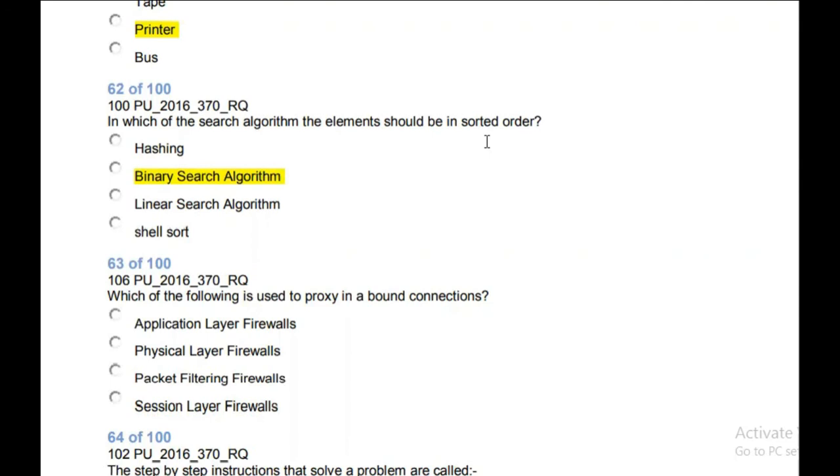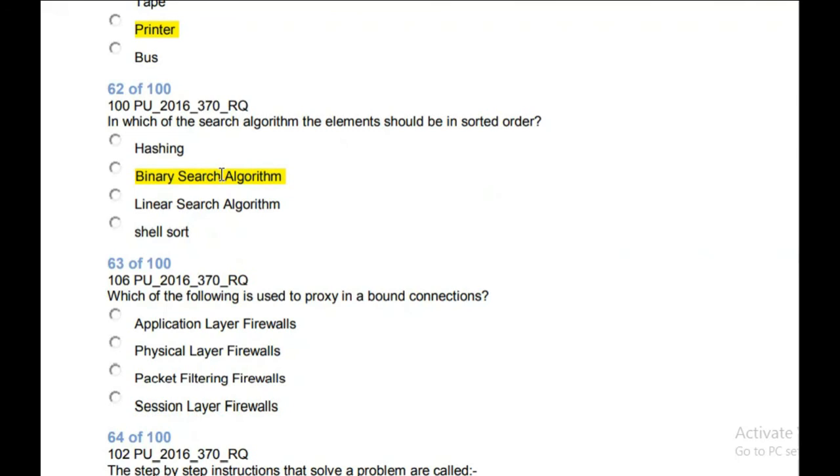In binary search, we must have the elements in sorted order. So in the binary search algorithm, we first find the middle element and check whether the middle element is the search element or not. If yes, the search is completed and the element is found.